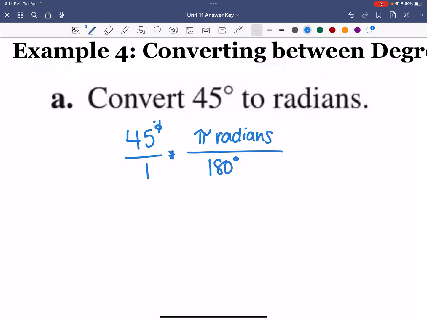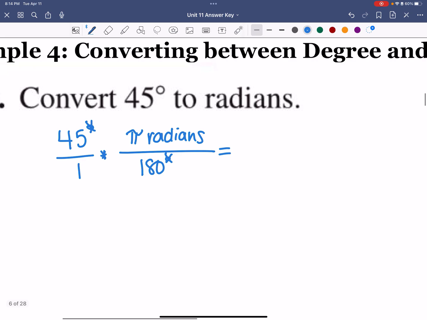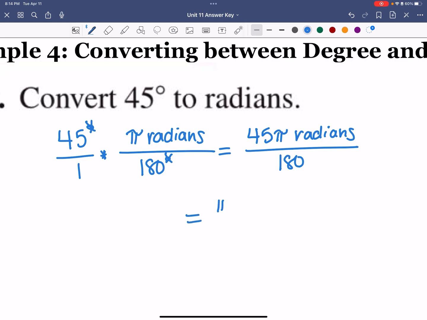This cancels out my degrees, and I multiply straight across and simplify. I have 45 pi radians over 180, which reduces to pi over 4 radians.